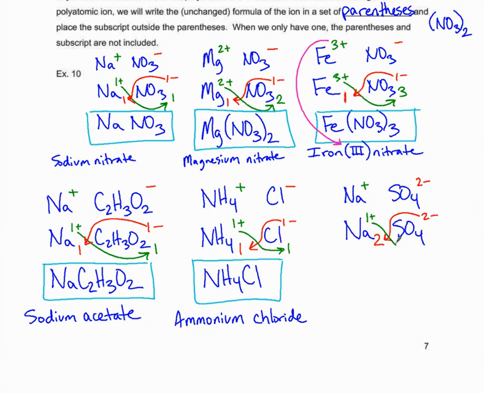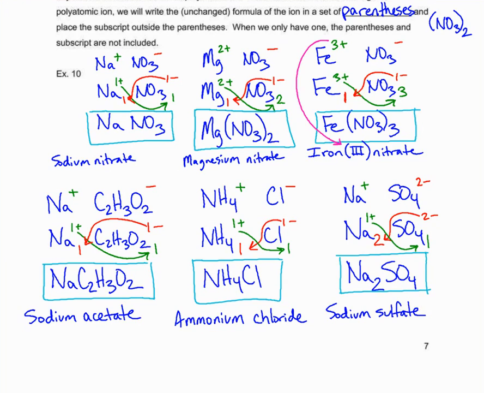And then this 1 ends up over here, and that tells me there will be 1 of these SO4s. So once we rewrite the formula with a 2 and then SO4, this 1 disappears. And we don't need any parentheses, so our formula is Na2SO4. And the name of this, here's sodium, which always has the same charge, and the polyatomic ion is sulfate.